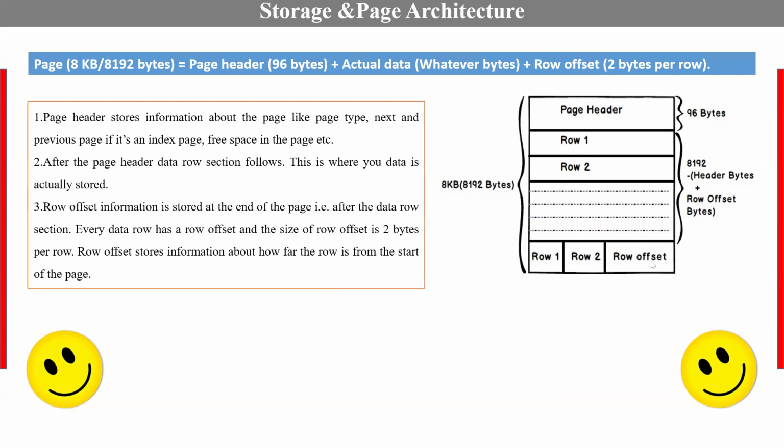Microsoft is saying the same thing: 8092 or something is the data row size, 96 bytes is fixed for the page header, and 2 bytes are fixed for the data rows. Thank you, Subbu.